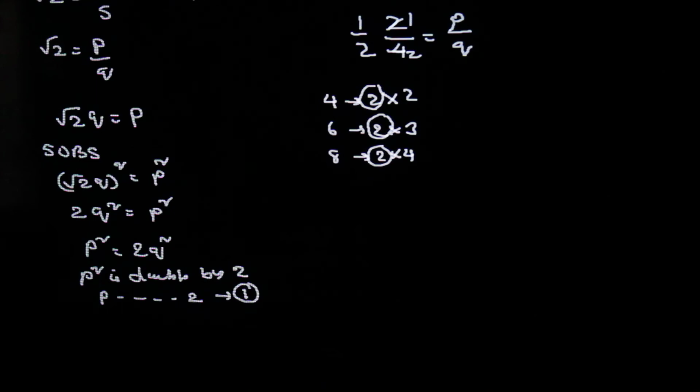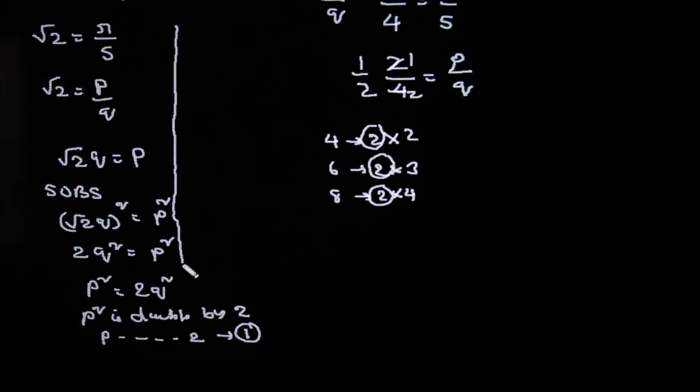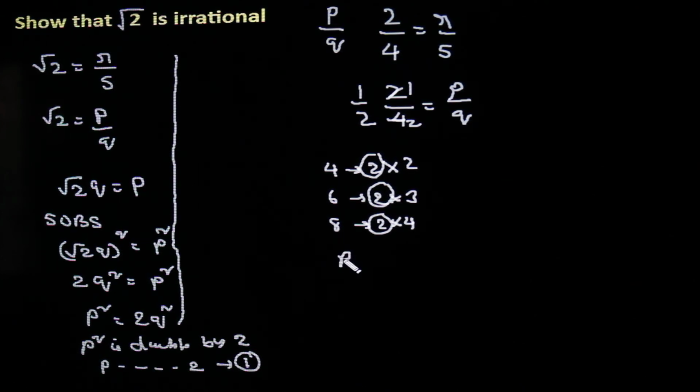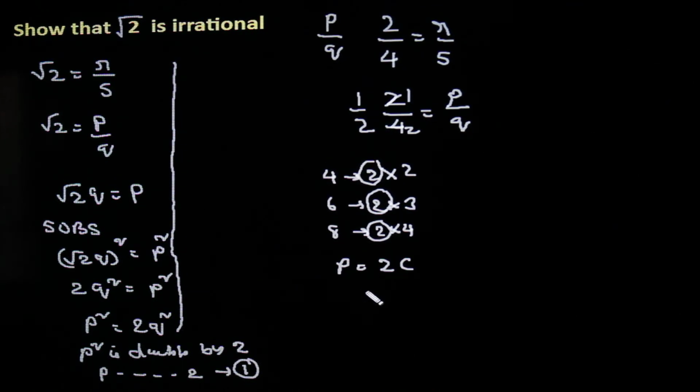Next one. If p is divisible by 2, means p is equal to 2 into some c. P is divisible by 2, therefore p is equal to 2 into something. Substitute this value, p is equal to 2c.